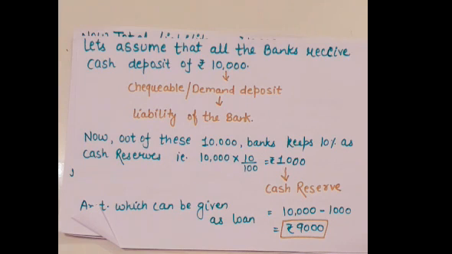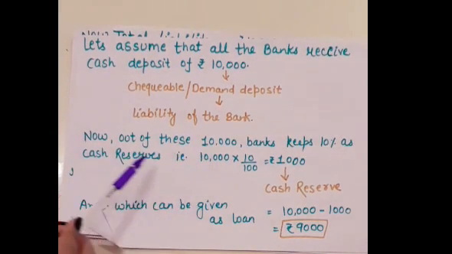Now the bank has to keep a certain percentage with itself so that, to meet a contingency, the bank can utilize that money. So the bank keeps a certain percentage as cash reserves. This is a hypothetical situation.